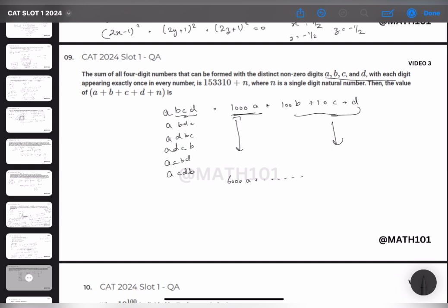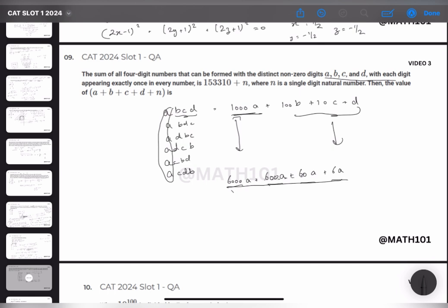Now notice that if we keep A in the hundreds place, there also would be 6 different numbers, and their sum would give us 600A. Similarly, we'll get 60A and we'll get 6A. In all the possible numbers, we'll find these 4 things, respectively from A being at thousands place, at hundreds place, at tens place, and ones place.